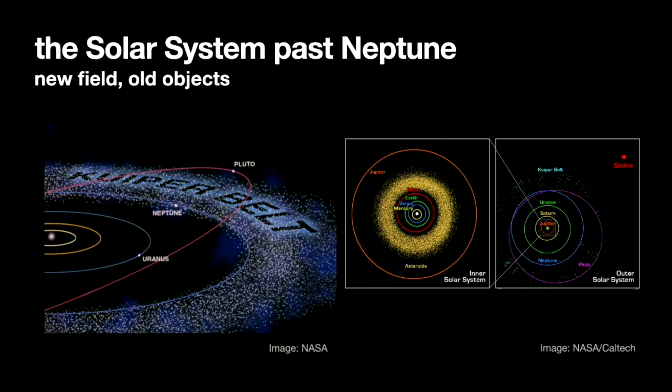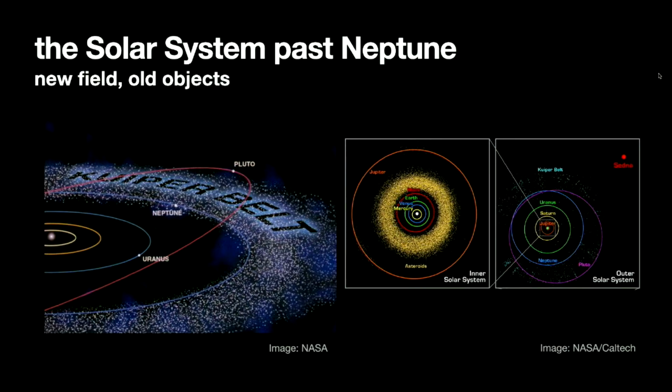So what exactly do I look at? I look at the solar system past Neptune, and it's a pretty new field. These are just icy rocks that orbit the sun past the orbit of Neptune. They're pretty far out. If you look here, this is a zoomed in view of where Jupiter is, and what I look at is way out here.